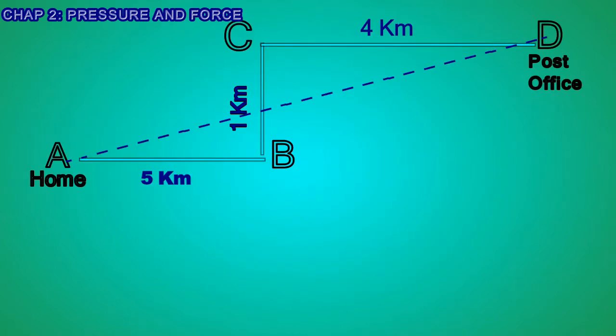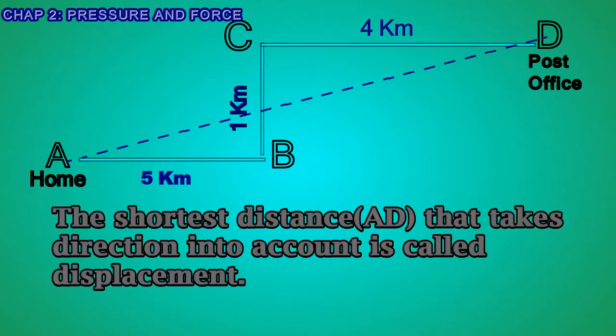Now look at the dotted line AD. This is the shortest distance from Ankit's home to the post office. If Ankit had known the direction to the post office, he could have taken the shortest distance and would have had to cover fewer kilometers. The shorter distance that takes direction into account is called displacement.